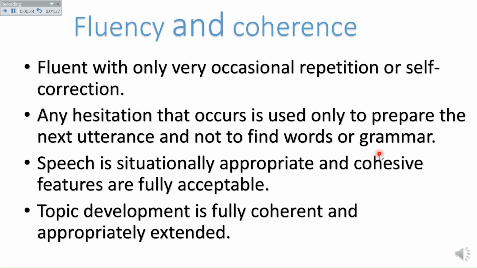That means you cannot have any hesitation, but even if you do, it is not to find the words or grammar, but to prepare the next utterance. Speech is situationally appropriate and cohesive features are fully acceptable. Topic development is fully coherent and appropriately extended. So let's talk about the other one now.